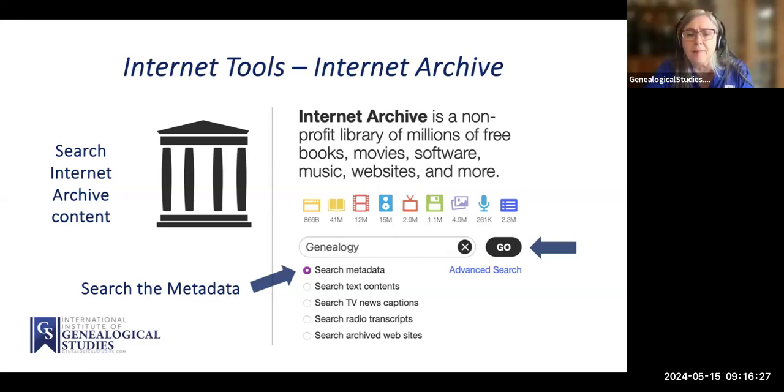They have film, or media, video, they have 12 million. This is audio, 15 million audio files. They're starting to archive TV shows. So maybe you'll find an old TV show or even an advertisement that you remember and you want to use in your family history.